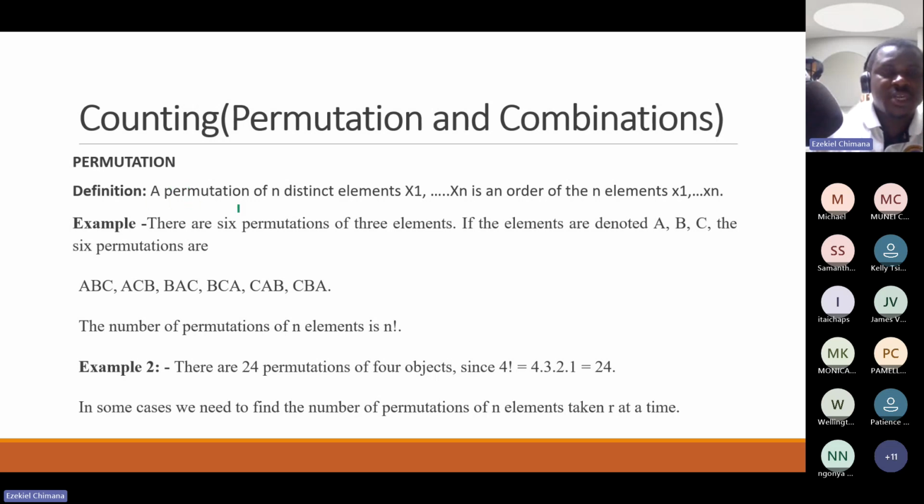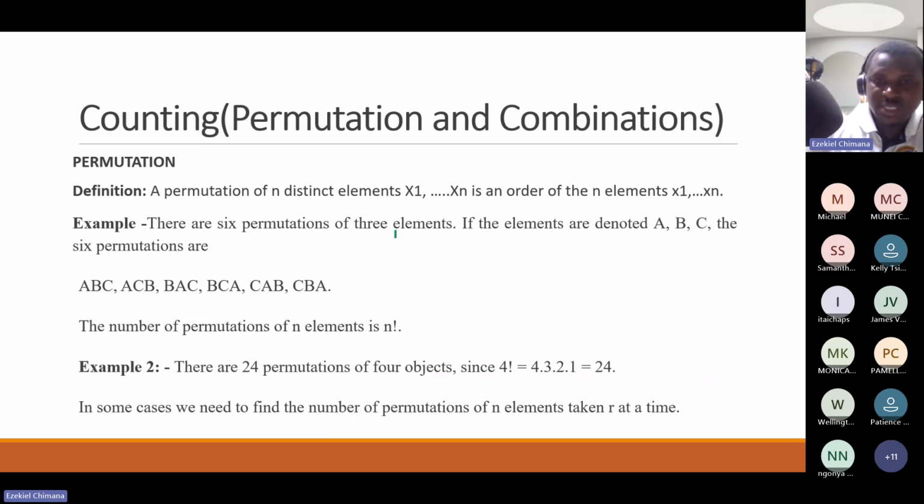So a permutation of any distinct elements, which is x1 up to xn, is an order of the n elements x1 up to xn. For example, here we are saying there are 6 permutations of 3 elements.